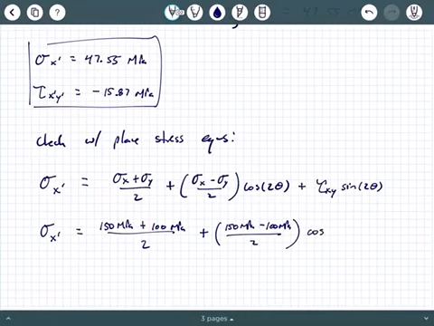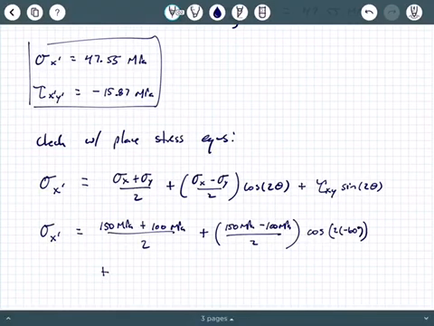Okay, and so when I start plugging in values, my sigma x was, let's see, 150 MPa plus 100 MPa over 2 plus the quantity 150 MPa minus 100 MPa over 2 times cosine of 2 times theta.